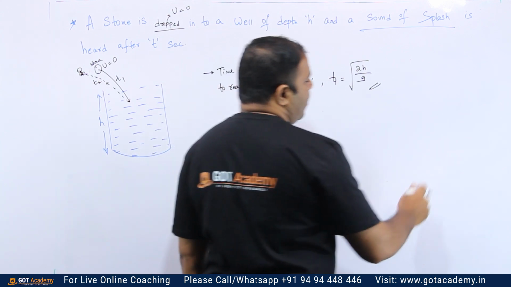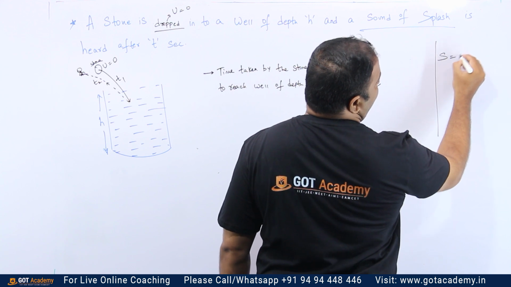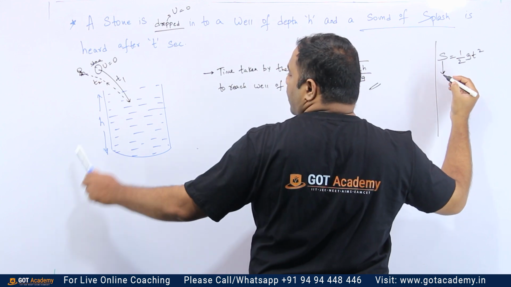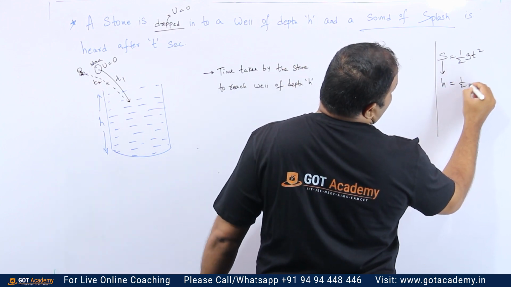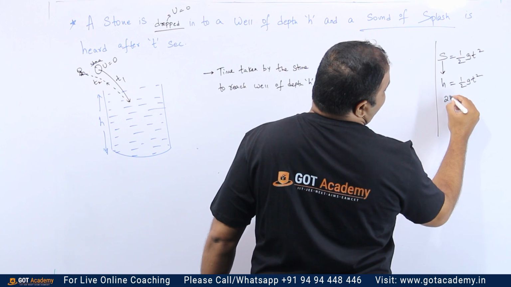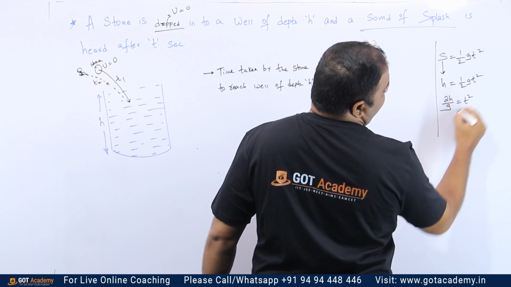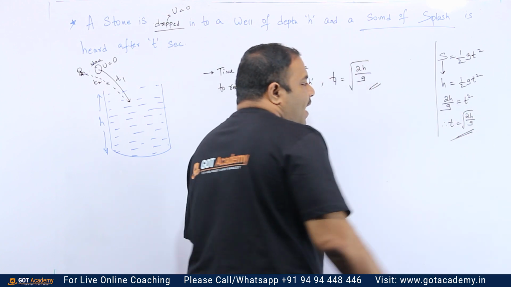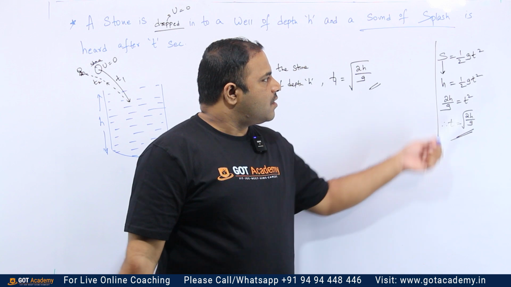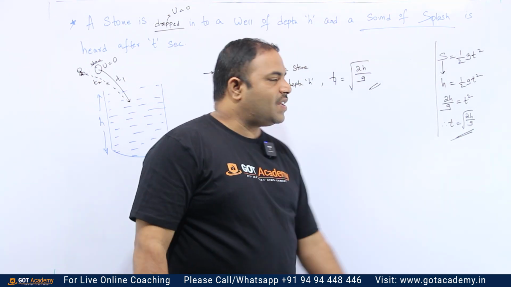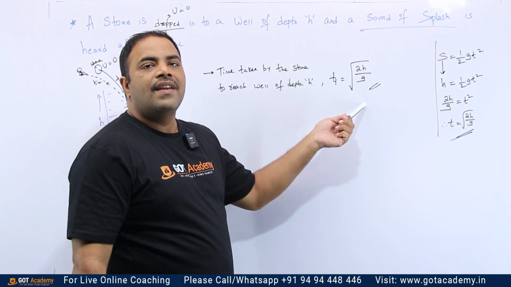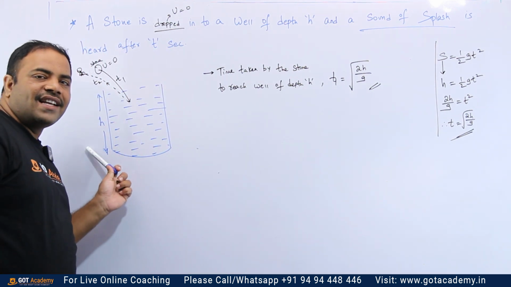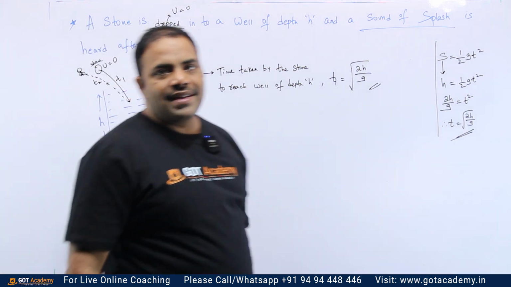For a freely falling body, s is equal to half g t square. Here distance s is nothing but h. So h is equal to half g t square, so 2h by g is equal to t square. Therefore t equals root over 2h by g. So the time taken by the stone to reach a well of depth h is root of 2h by g. That is t1.